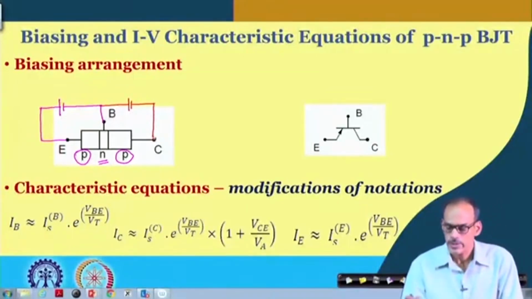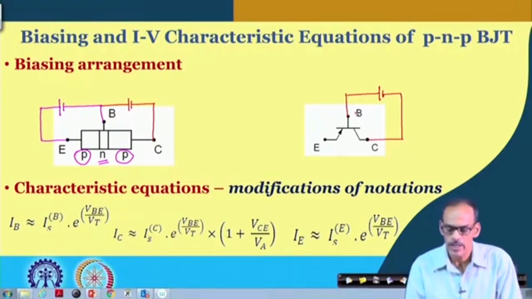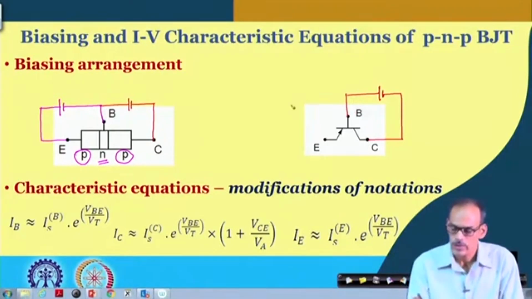So, this is the corresponding symbol. So, here we may consider that the bias we require is such that the emitter is at higher potential with respect to the base. So, we do have higher potential here.